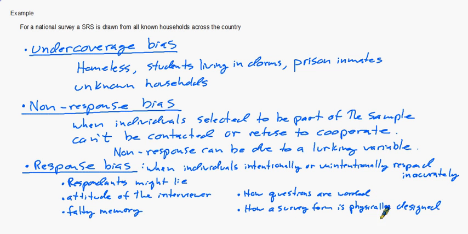How a survey form is physically designed, its layout, can actually affect its outcome. Some rather famous studies done about election ballots in the United States. Different states can design their ballots different ways, and some of them are more confusing than others and introduce significant bias sometimes.